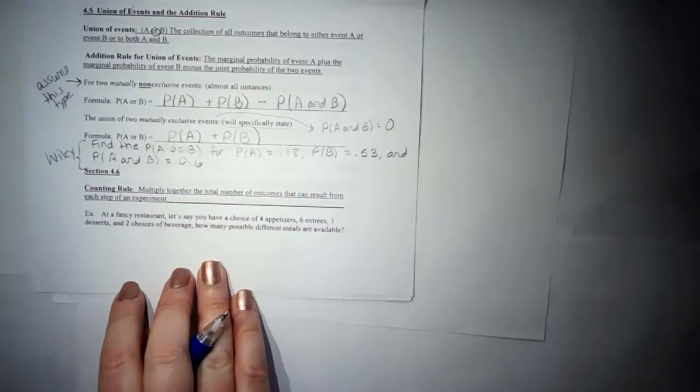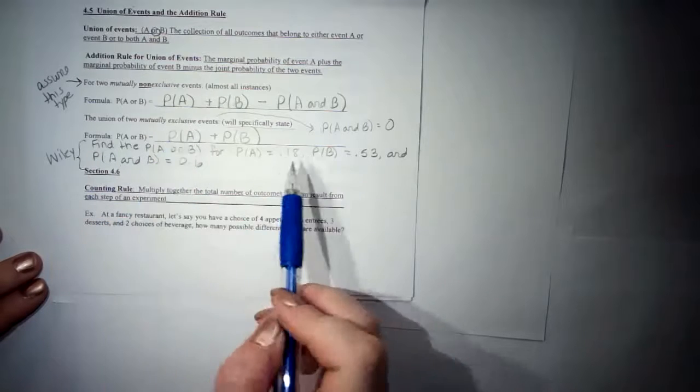Okay, so what if it gives you that information for Wiley and it wants you to find the probability of A or B? Well, it didn't tell us that they were mutually exclusive. In fact, we know they're not because this is something other than 0. So we're going to assume it's this type, right? And we're just going to add these two together because that's what it says to do and subtract that one and you have your answer.